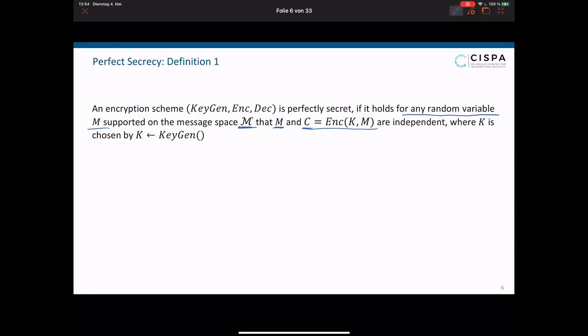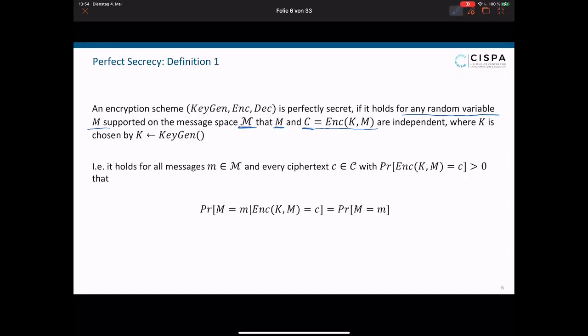Writing this in a formal way, this just translates to: it holds for all messages m in the message space and every ciphertext c which has a non-zero probability of occurrence, because we're going to condition on the ciphertext showing up.